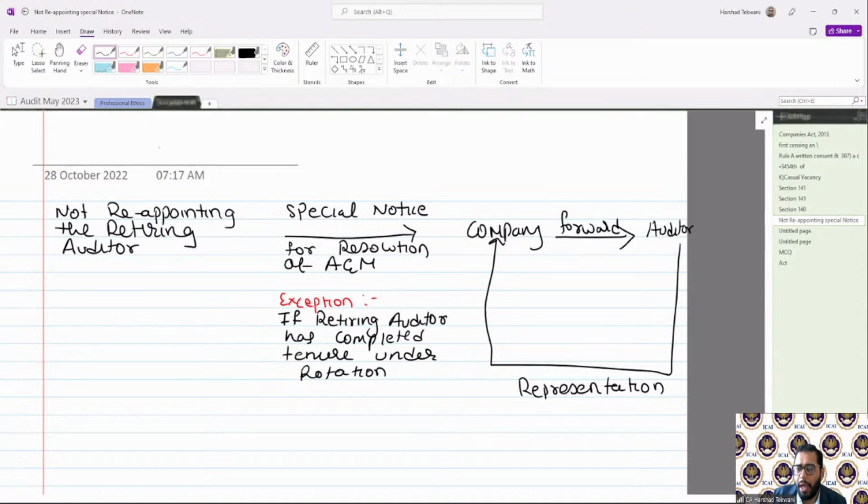And the company shall circulate that representation to the members of the company, so that the members can know whatever the retiring auditor has to say.